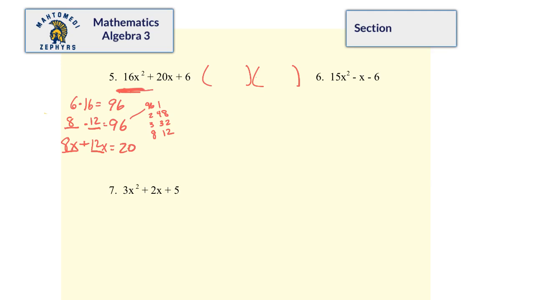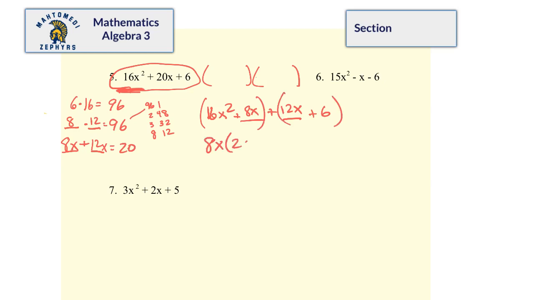So now I can take my original trinomial, and I'm going to break it up, and I'm going to take that 20 and make it 8x plus 12x plus 6. Now it's grouping. Pull out an 8. Pull out a positive 6.